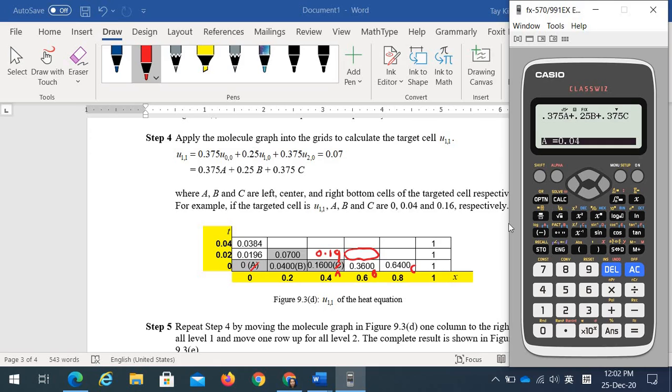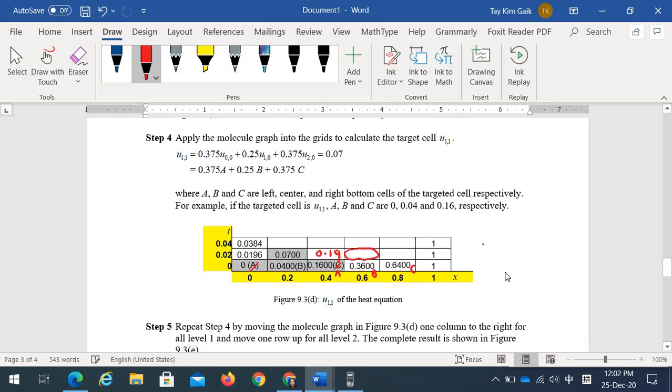Left bottom cell is A, center bottom is B, right bottom is C. So it's 0.16, 0.36, 0.64. So you get 0.39.